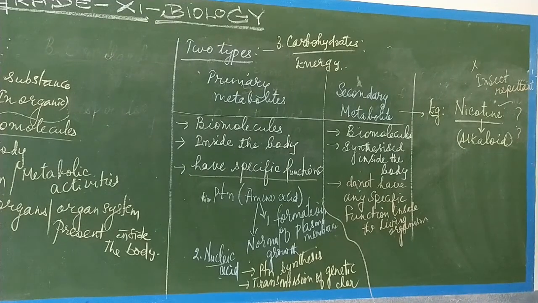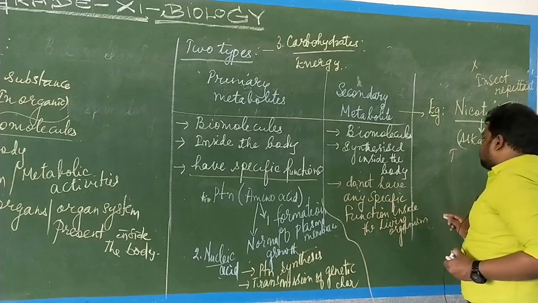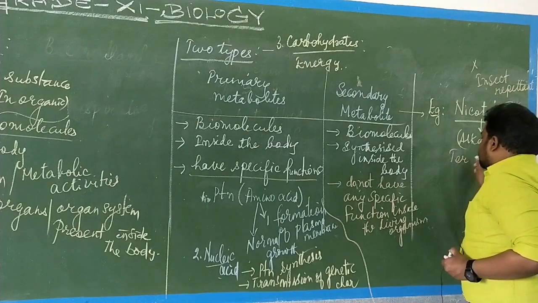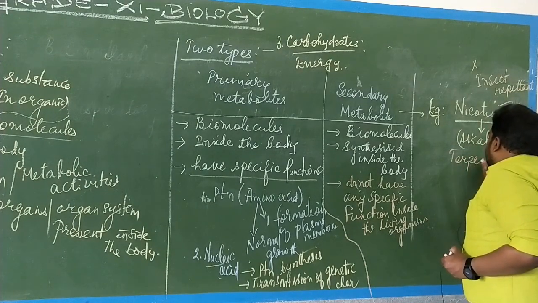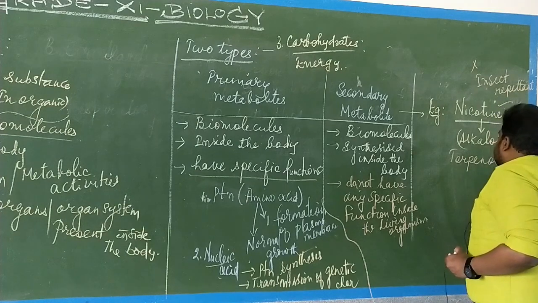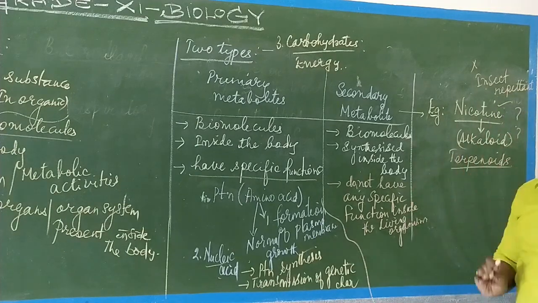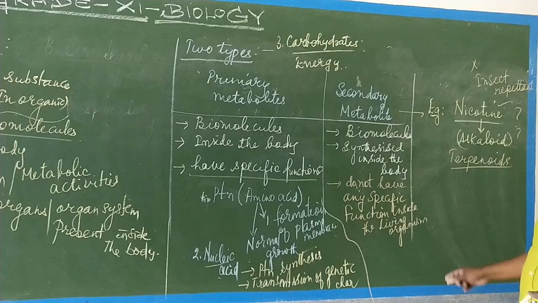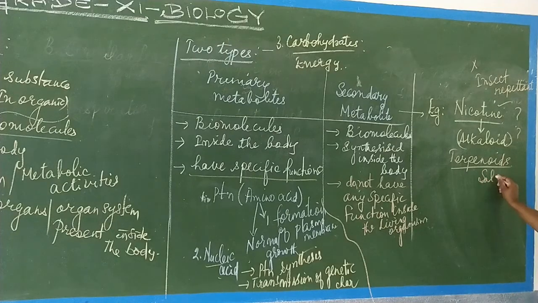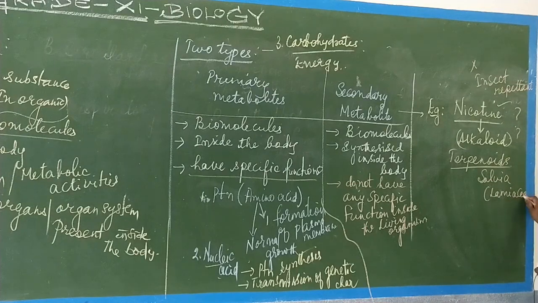Isn't it? That was one type of alkaloid. Now take terpenoids. There are numerous such compounds, and I will give examples. Terpenoids are obtained from the salvia plant, which belongs to the family Lamiaceae, like tulsi.